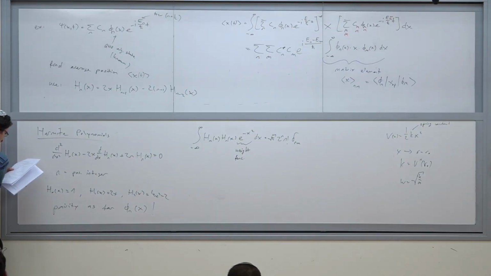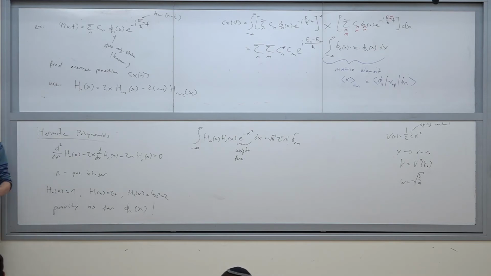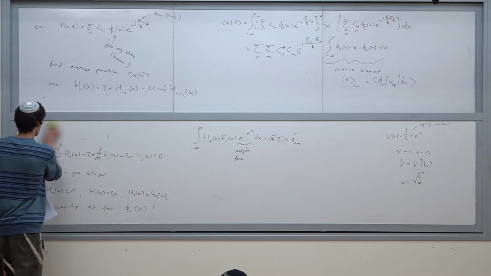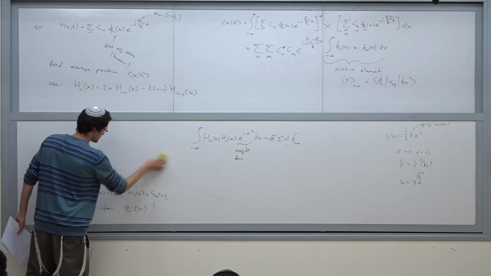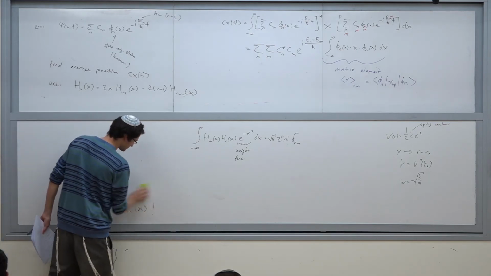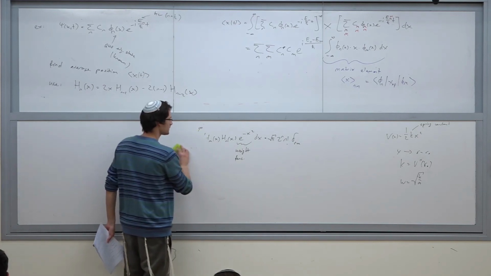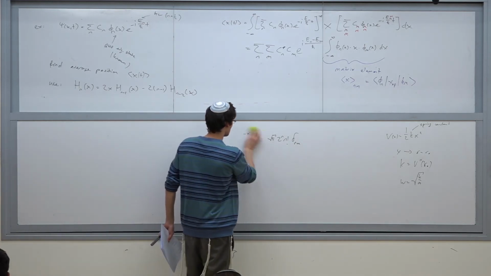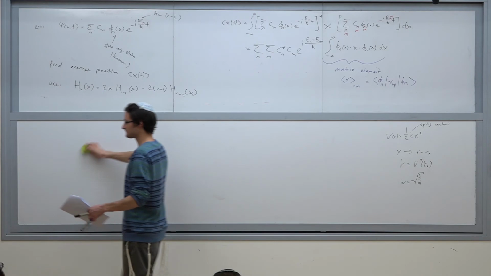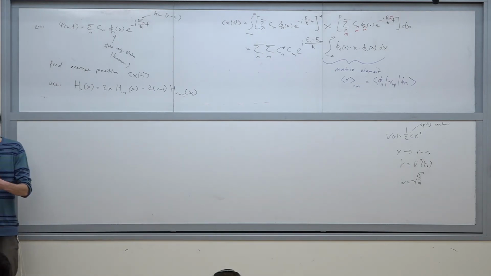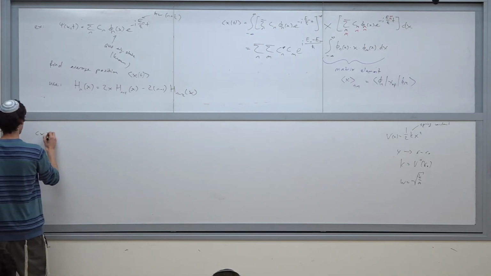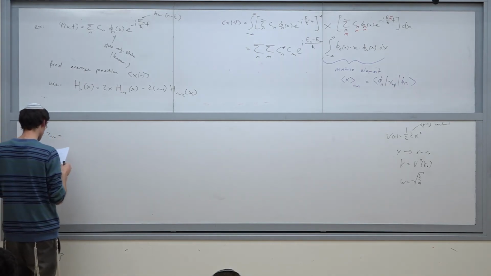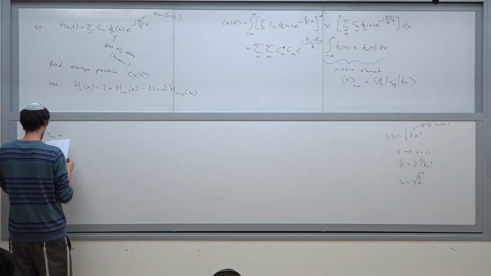Okay, so let's compute this matrix element. Let's plug in the eigenfunctions. There's some normalization constant, and then there's the H, the Hermite polynomial, and then there's the Gaussian. So the matrix element is going to get long, okay?